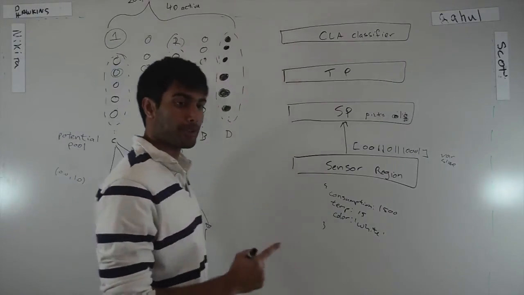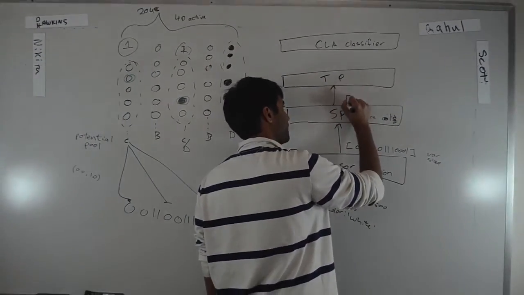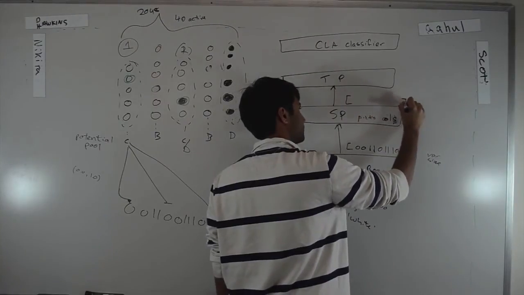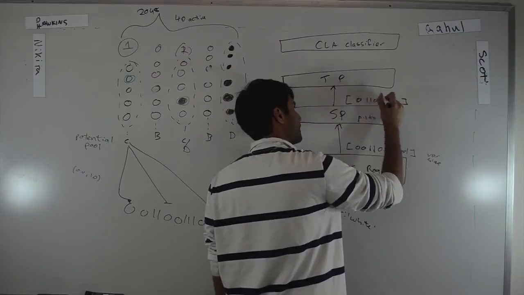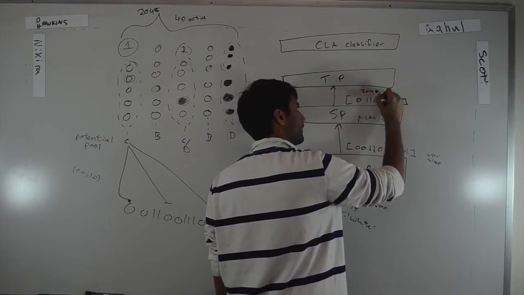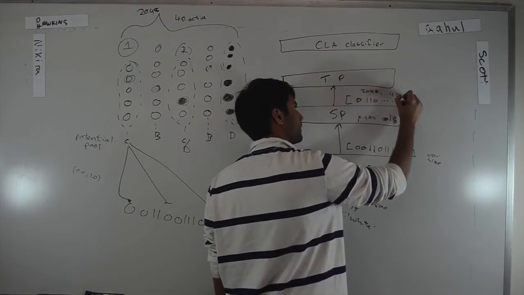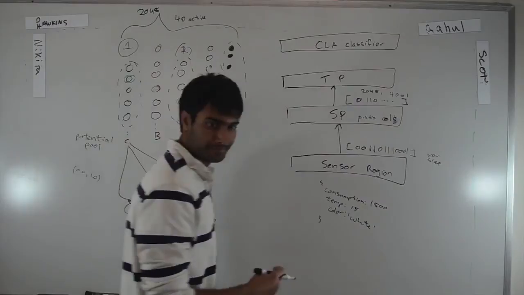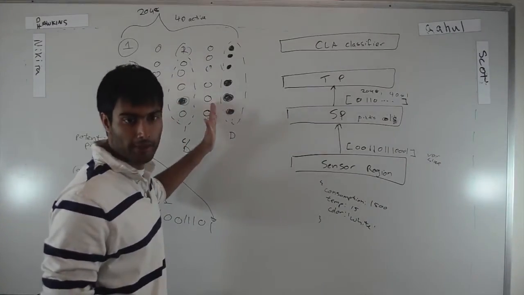So the output of the spatial pooler is a binary vector that has 2048 entries and 40 of them equal 1. That perfectly maps to the column activations here.